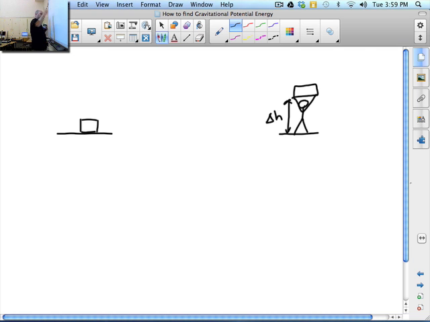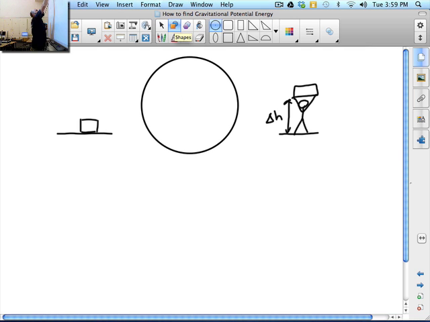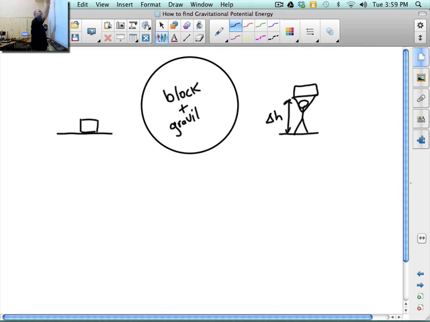Our system can't just be the block. If it were just a block isolated in space somewhere, there'd be no way to store gravitational potential energy. So we're going to need to say block, and the block has to be in some gravity field, which is part of our system. So block plus gravitational field.